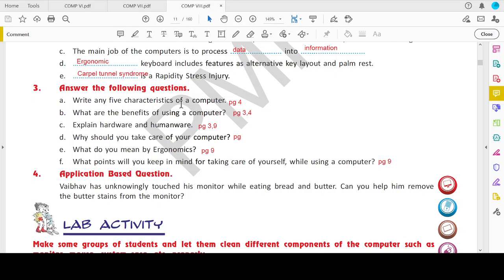How is computer reliable? Why is computer's reliability helpful to us? You have to write that. Why are the accuracy and the consistency important? I have told all this, I have discussed all this in my previous tutorials and that answer you will find on page number 4 of your book.